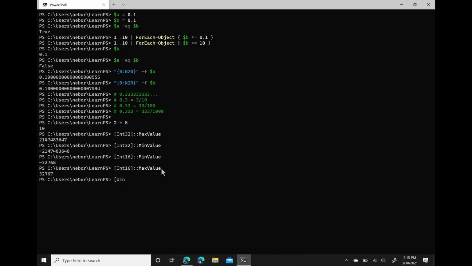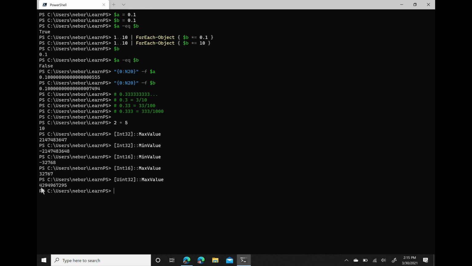So there's uint 32 max value. An unsigned 32-bit integer can be larger than a signed 32-bit integer because we don't have half the space reserved for negative numbers.